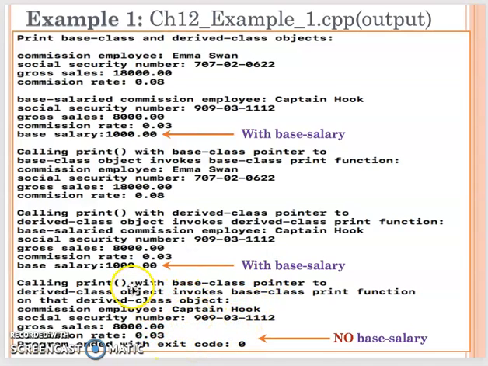But here, the last one: when we call the print function using the parent class pointer to refer to the child class object, where does that print function come from? It came from the parent class. That's why you don't have the base salary displayed. Why? Because there's no relationship.